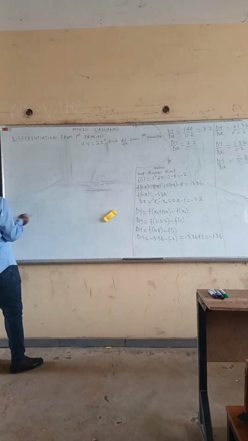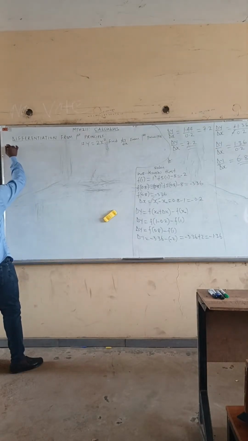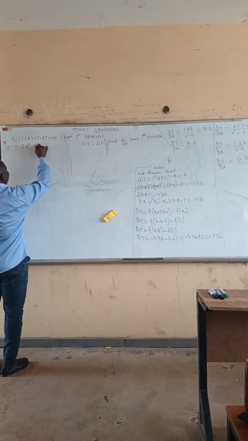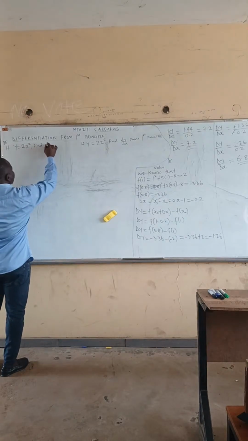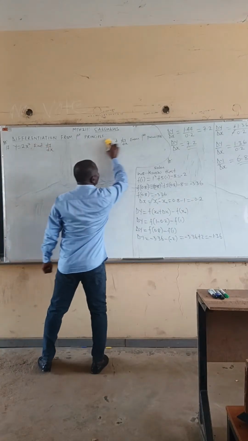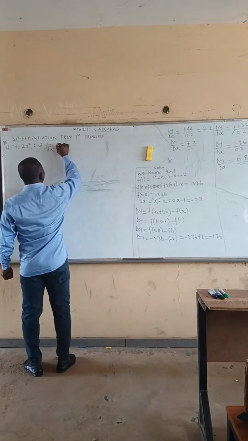Okay, the question says, if no noise, no talk: if y equals 2x raised to power 2, find dy over dx from first principle.